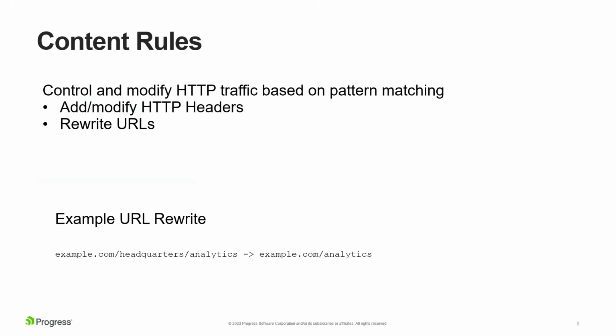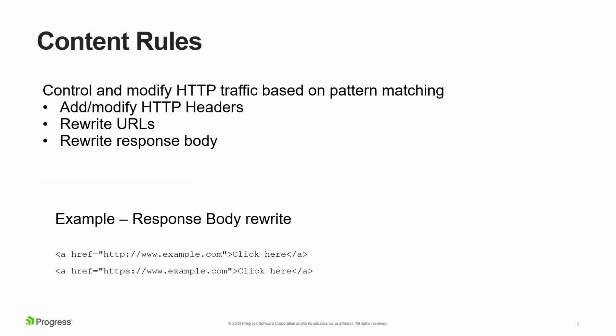Even though the web server at the back end might be sending out headquarters/analytics, at the front end it'll appear as analytics, and on the way back the load balancer will do it in reverse. Particularly from a security point of view, it's a good way of obfuscating information that may be leaked about the infrastructure that sits behind, whether it's multiple servers or location information, whatever it may be.